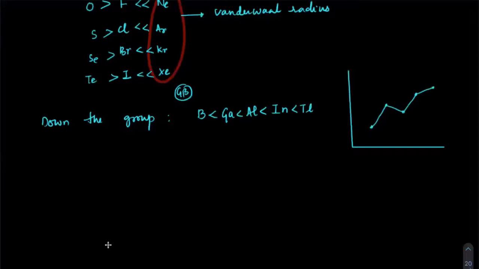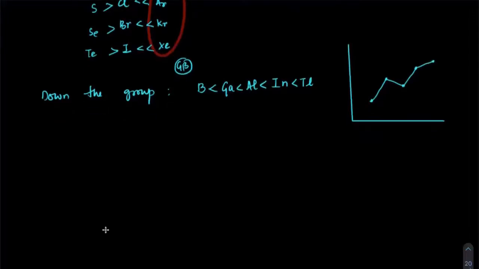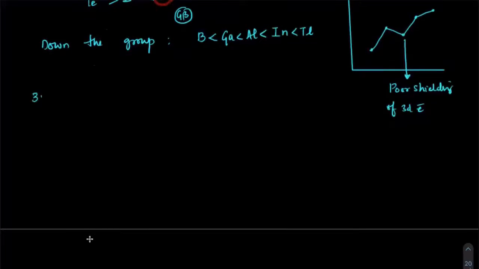This is how it will vary, so just remember this point. This is happening because gallium has poor shielding by the 3d electrons, because they were just added, so atomic size shrinks.